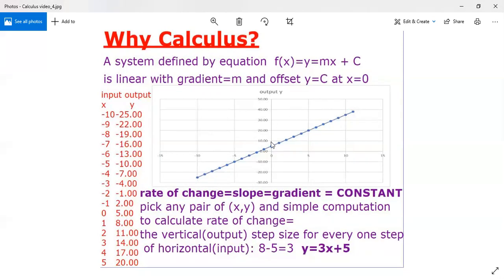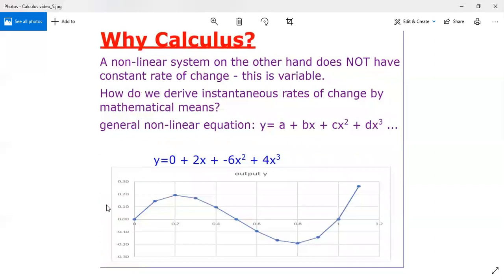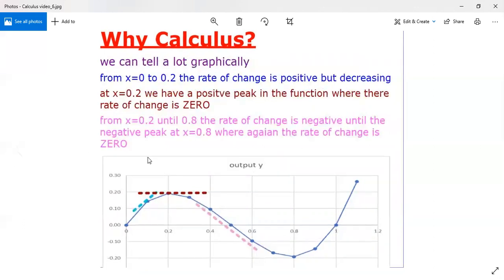However, if we have a nonlinear system, a curve as in this example here, how do we find out at any instant what the rate of change is accurately? We can do it graphically, but we want to know how to do it accurately. Between x equals 0 and x equals 0.2, the rate of change is constantly changing, but we can see that it is positive.